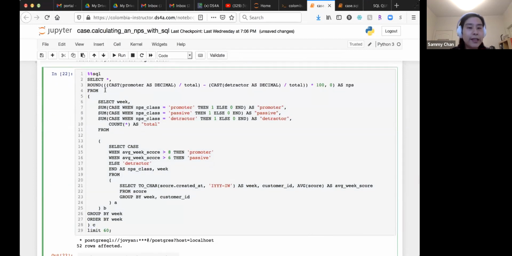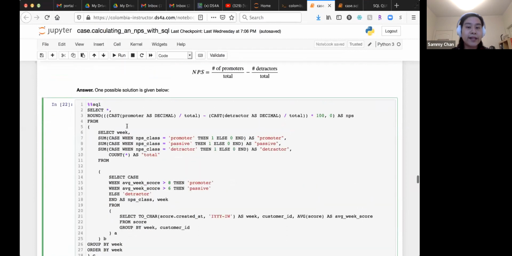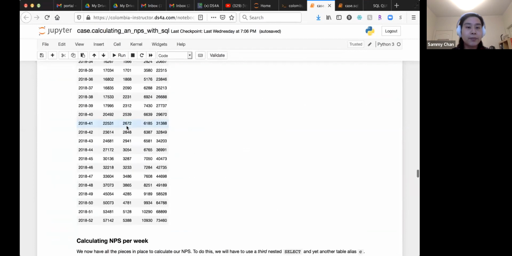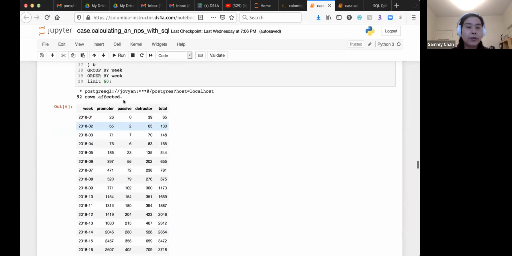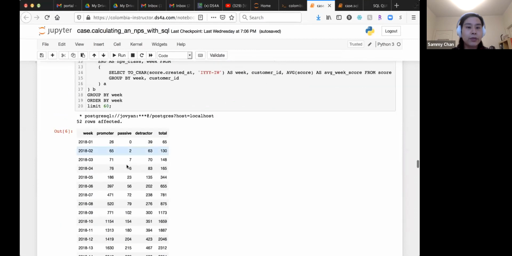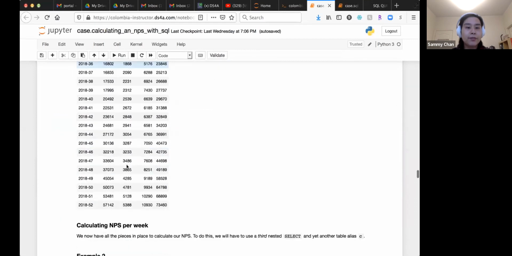And then we are trying to do some calculations for the NPS. Here we define the NPS as the number of promoters. We first have to cast to a decimal, because when we did the sum, the numbers were added together as integers.